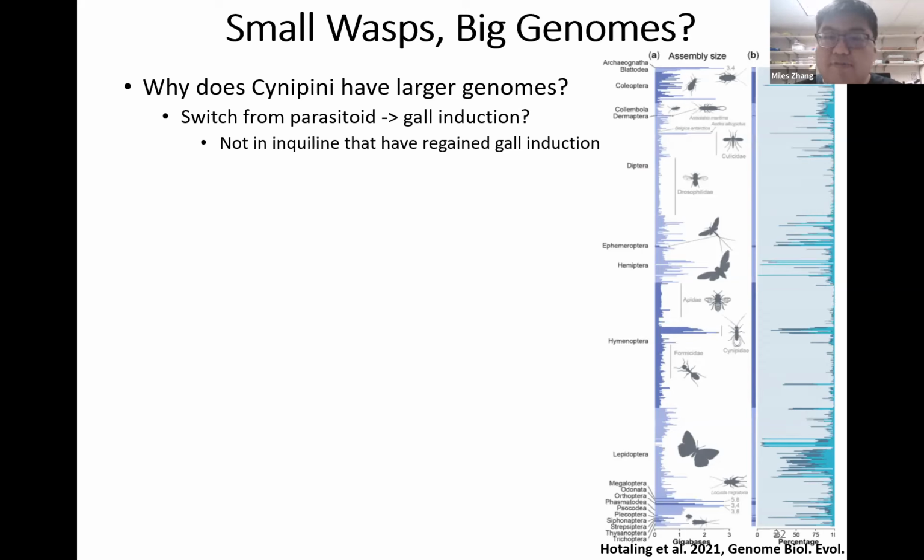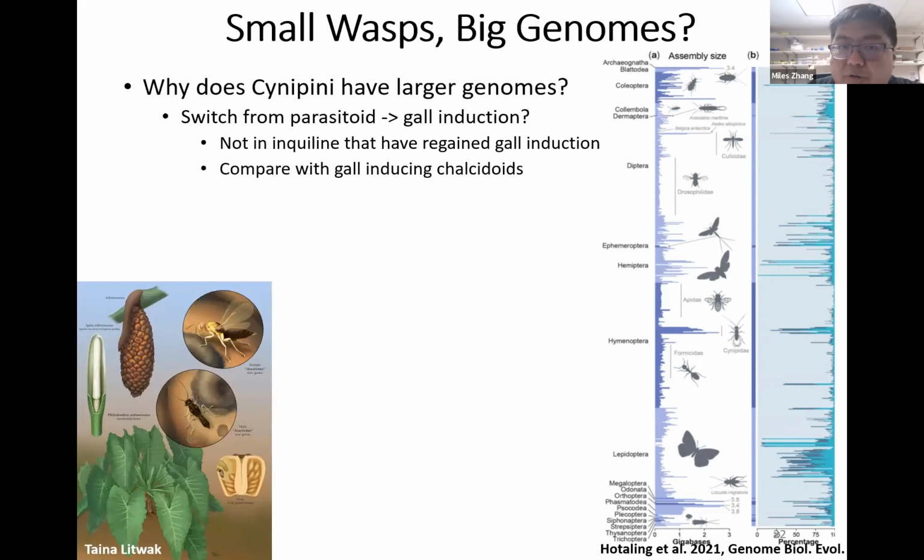There are some gene differences, but their genome size is not necessarily bigger. Then again, for this Japanese Synergus, it's a switch between making galls and modifying galls. It's not a complete switch from parasitoids to gall induction.